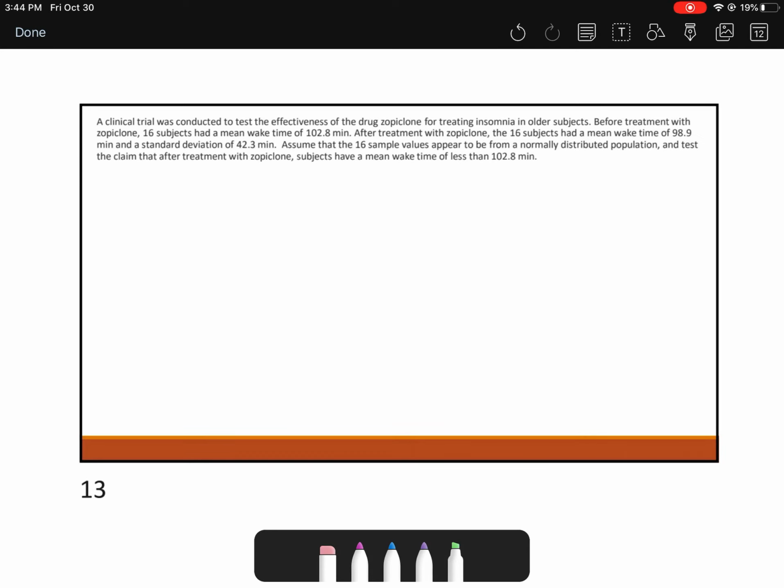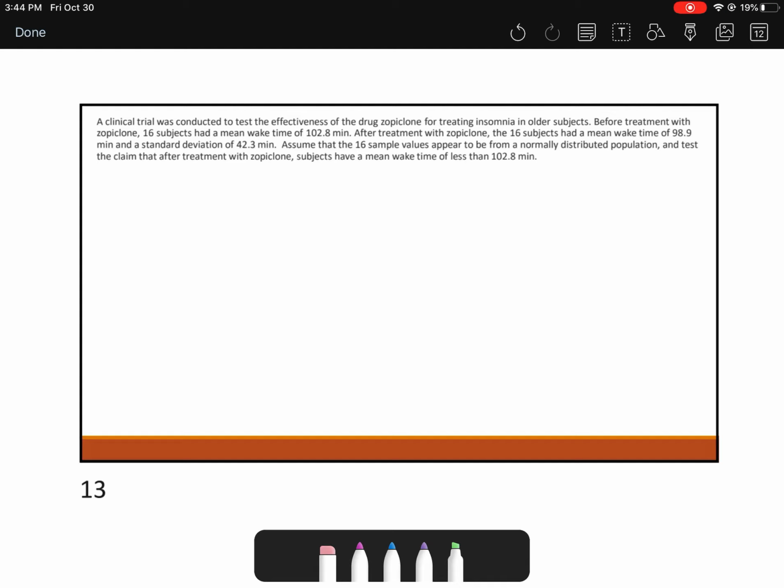Okay, one more. So again, go ahead and try this on your own and come back and pause the video. Okay, so a clinical trial was conducted to test the effectiveness of the drug zopiclone for treating insomnia in older subjects. Before treatment with zopiclone, 16 subjects had a mean wake time of 102.8.